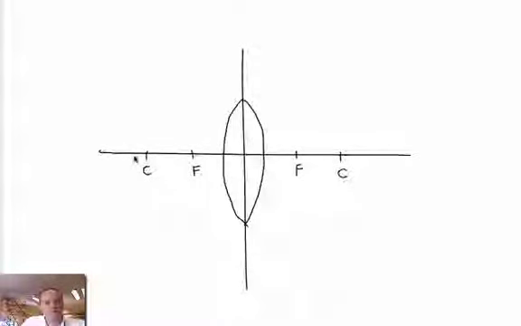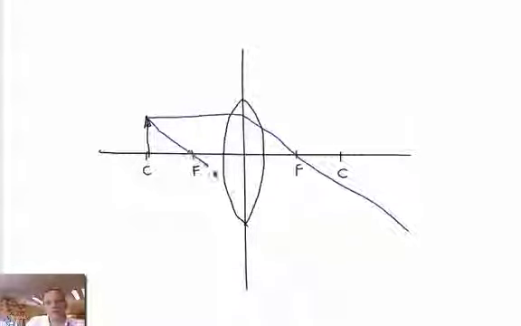Let's say we had an object right at the center of curvature. Let's see what happens here. Again, you take a light ray that's parallel and goes through the focus, and a light ray that goes through the focus runs parallel. You notice that when it's right at the center of curvature, the image is formed right there at the same point.